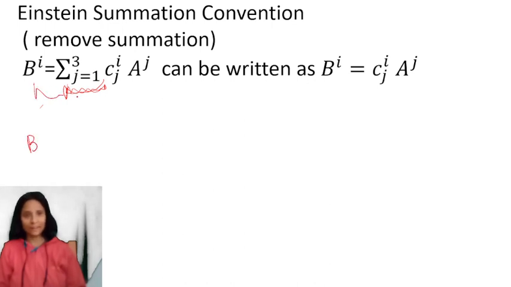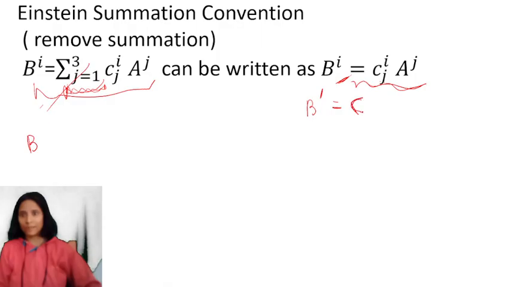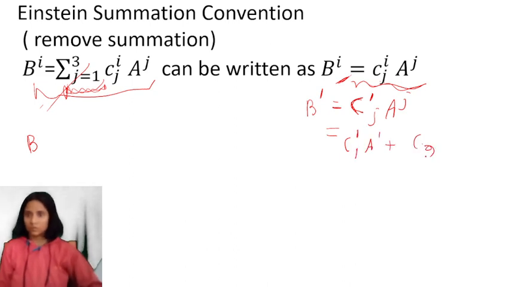Like I can write this in terms of this, just removing the summation. It does not mean the summation is removed. Actually the summation is there, but if there is one superscript and one subscript, one has to assume that there is actually a summation. If you expand this, it remains the same: b_1 c^1 a_1 and so on, and if you take the summation, it is the same as this.